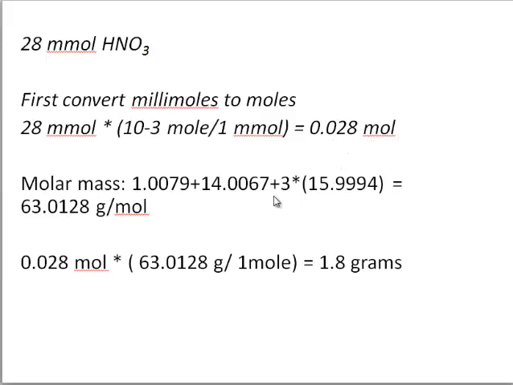The molar mass of HNO3 is a hydrogen mass, a nitrogen mass, and 3 oxygen masses all added together, or 63.0128 grams per mole. We then multiply the number of moles by the unit conversion factor, grams in the numerator, moles in the denominator. The solution is 1.8 grams.